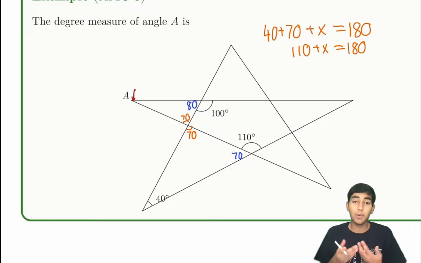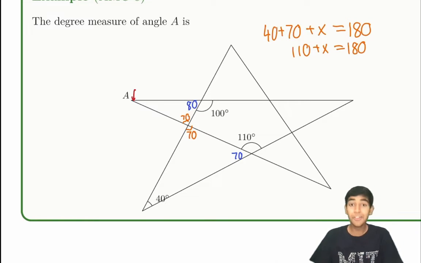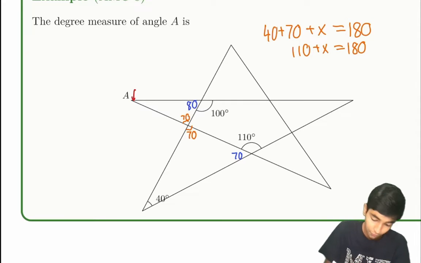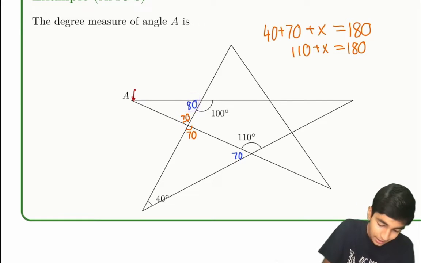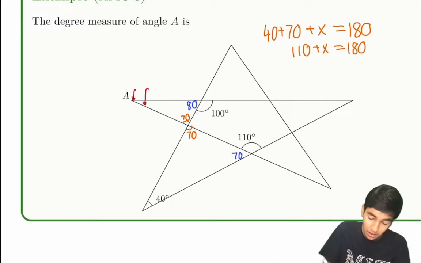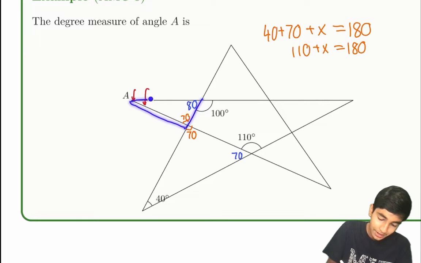Now with the information present, do you see a way to find angle A? Pause the video and think about this for yourself for maybe a minute or so. We've got a 70-degree angle here, an 80-degree angle here, and therefore the sum of angles in this triangle is 180.